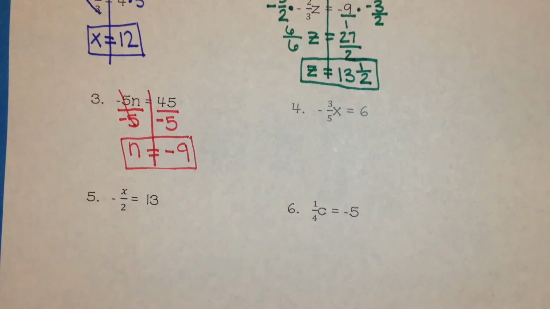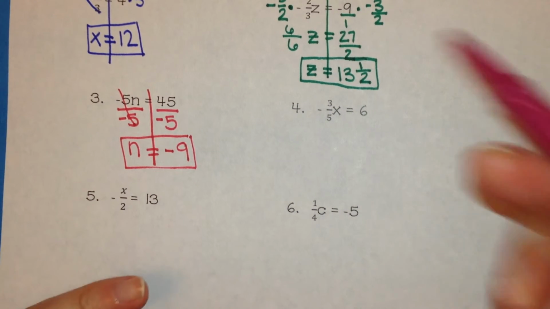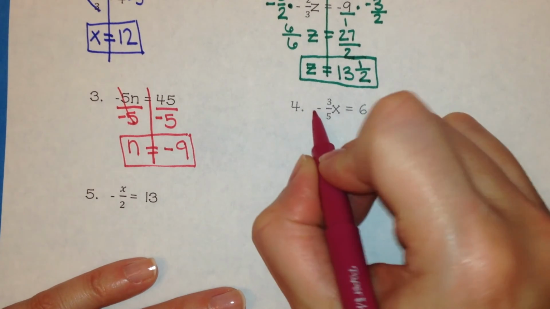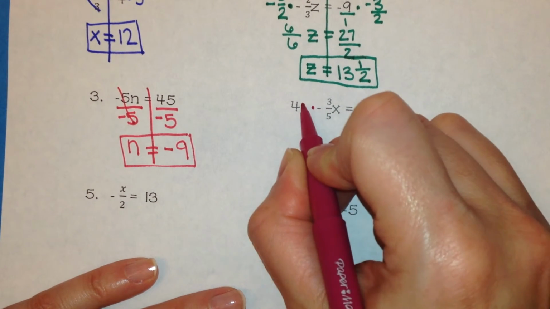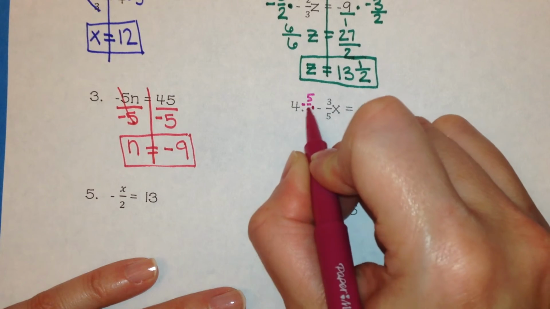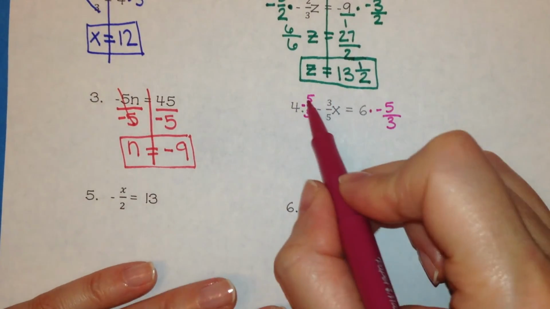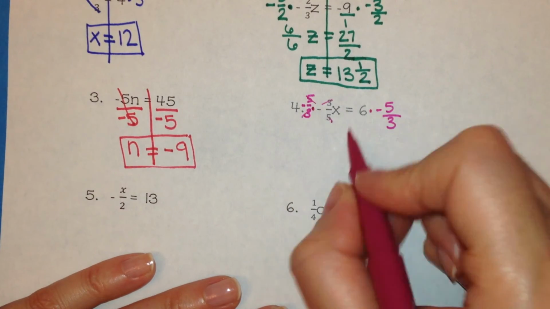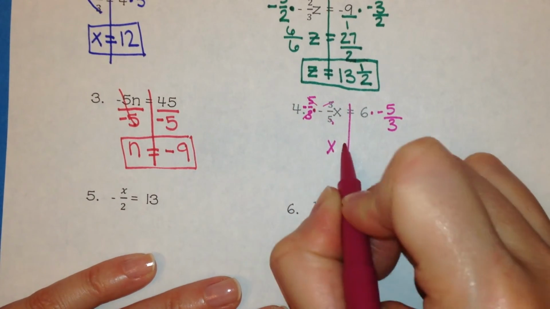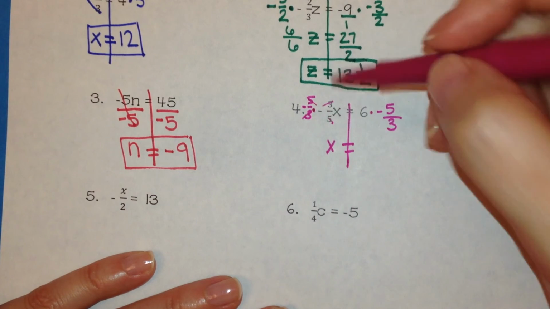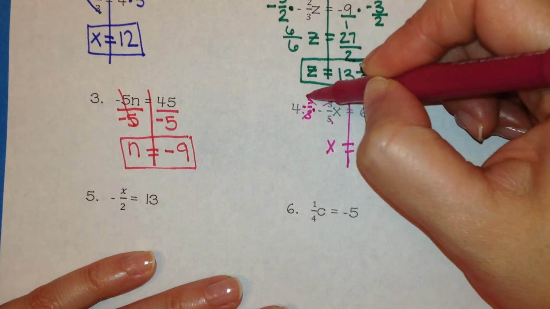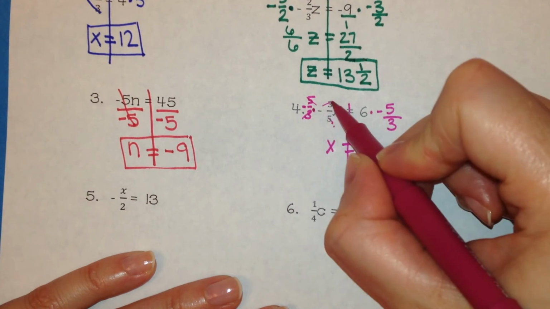All right, here we're multiplying x by negative 3/5. So we're going to multiply it by negative 5/3, the reciprocal. Okay, I know that these cancel out and it will be x equals, because I can do cross simplification. 5 divided by 5 is 1, 3 divided by 3 is 1.